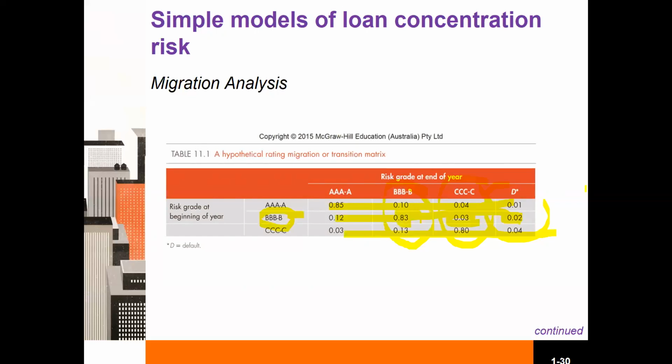For example, although the historical rate is 3%, if you find that more recently 10% of triple B loans are downgraded to triple C, this rate is much higher than it has been historically. So you will curtail your lending to triple B rating, and probably shift your funds to more highly credit rated loans, for example, triple A rated.